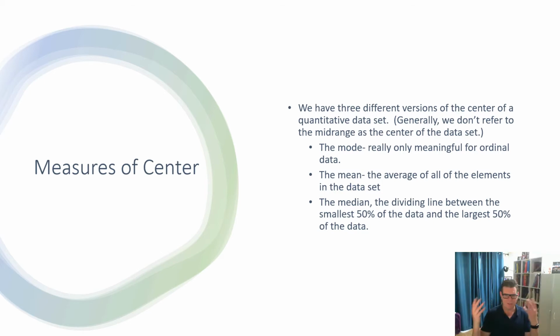Or, just so that we don't think 50-50, let's imagine that instead we have 180 data elements. So our 50th percentile, which we call the median, is going to separate the bottom 90 values from the top 90 values of what we call the variable. And that's how we think about a median.